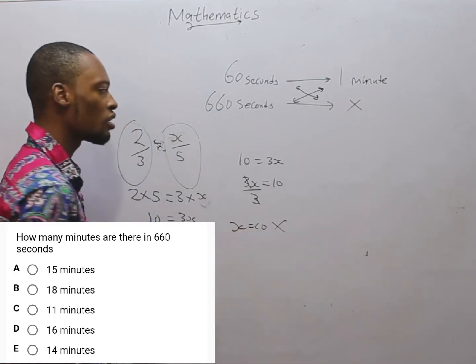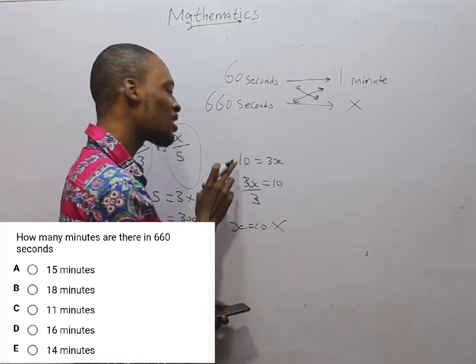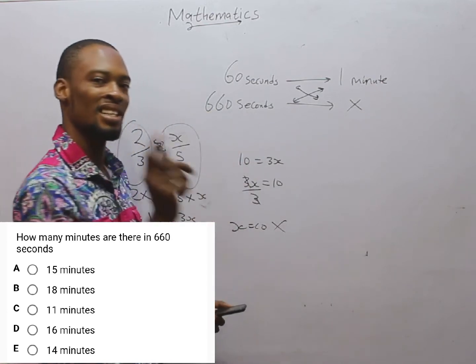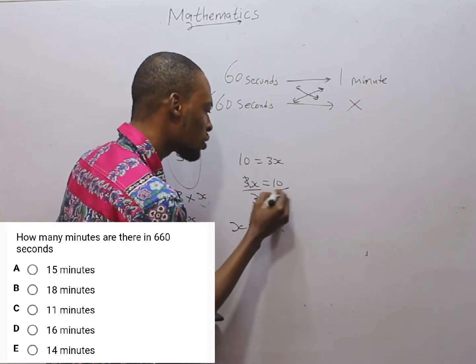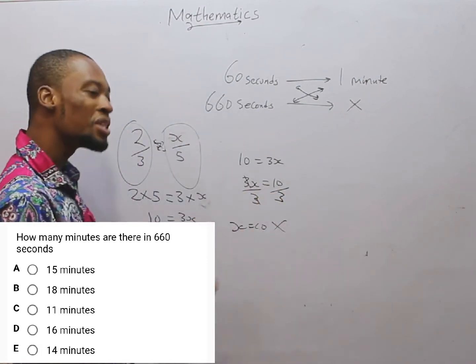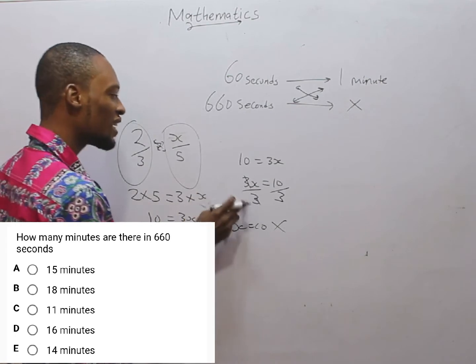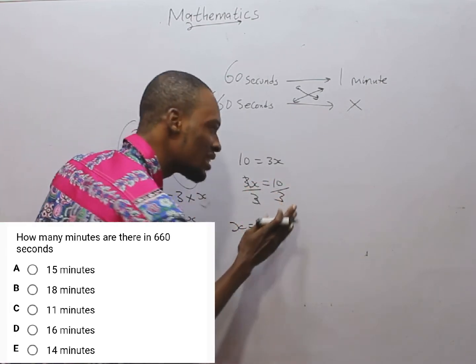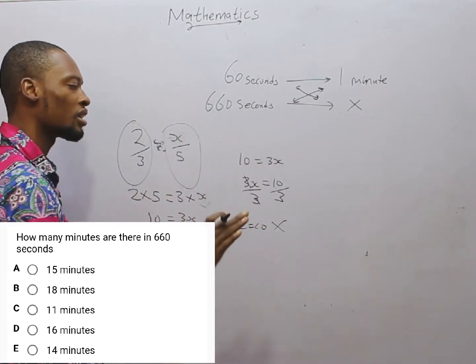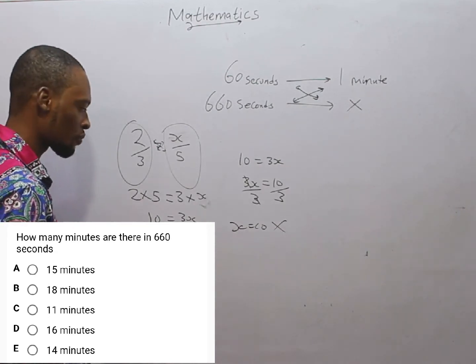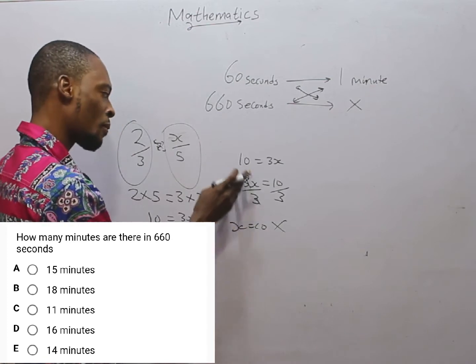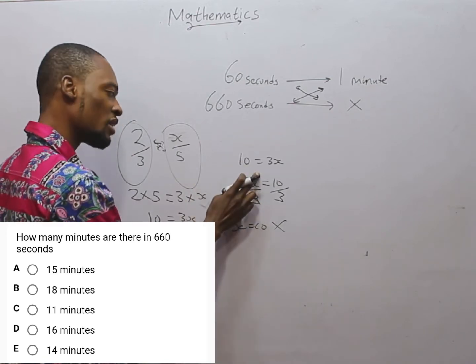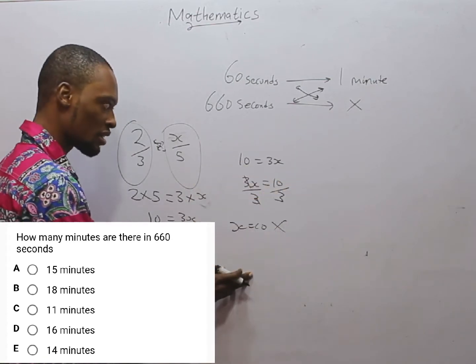But this is wrong because it is 3S that is equal to 10, not S that is equal to 10. Therefore, what happens to this place should also happen to this place so that the equation can be balanced. If you are dividing here by 3, you can also divide here by 3 so that they both will reduce and you get your correct answer. So that is how you cross multiply. Then you divide both sides by a common number to get your S, then you arrive at your answer.